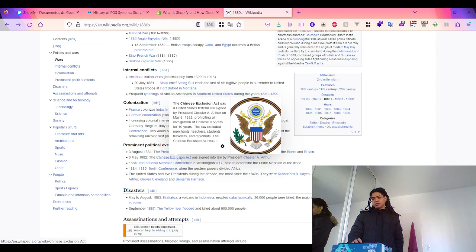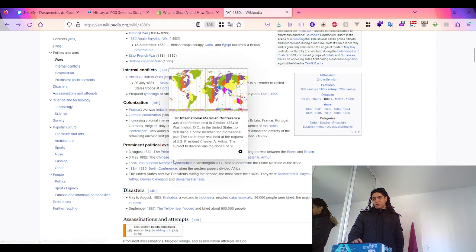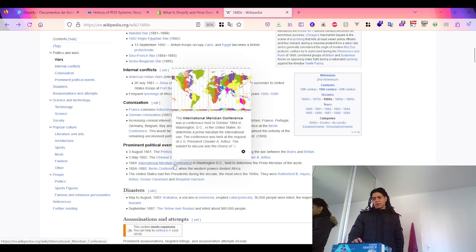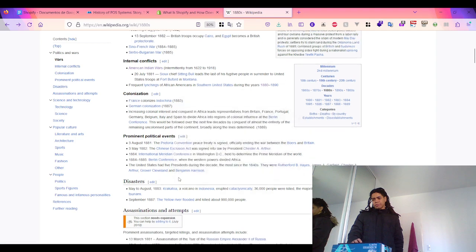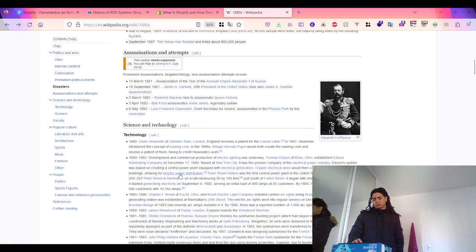It banned all immigration of Chinese labor for 10 years. International Meridian Conference, the prime meridian of the world. Berlin Conference.